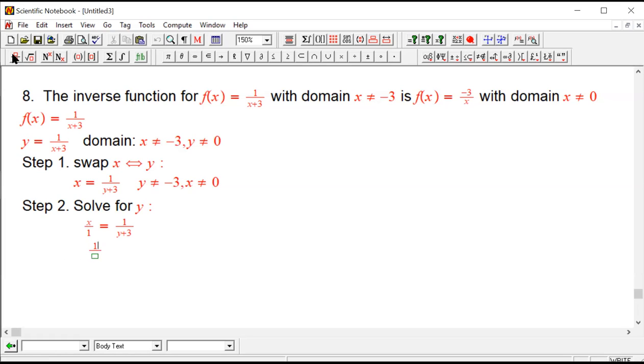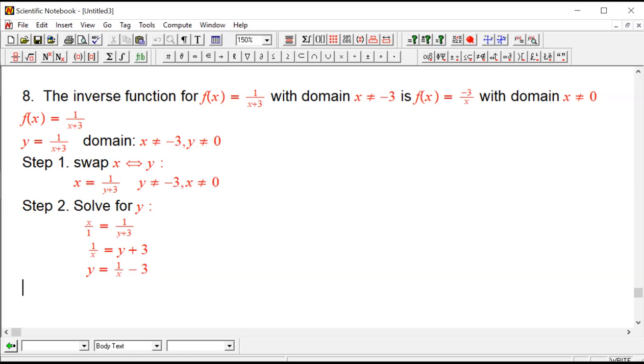So 1 over x is equal to y plus 3. Then subtract 3 on both sides. So y equals 1 over x minus 3.